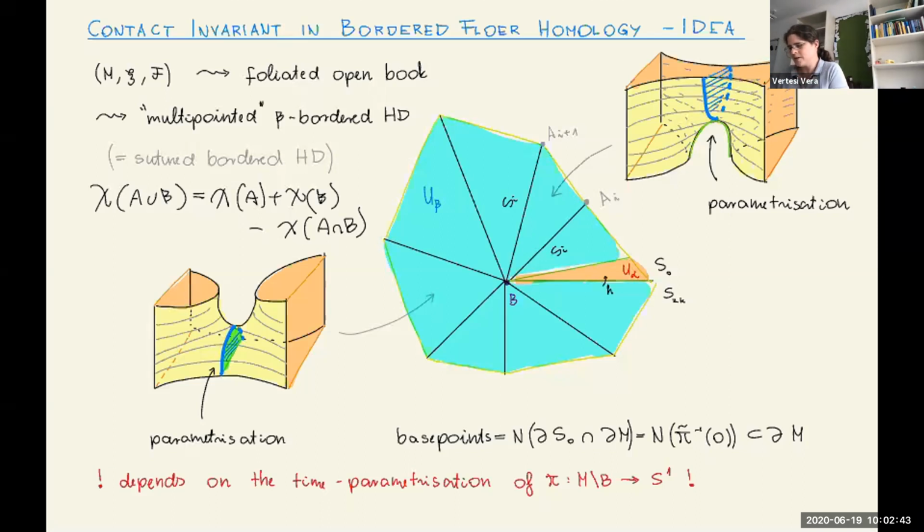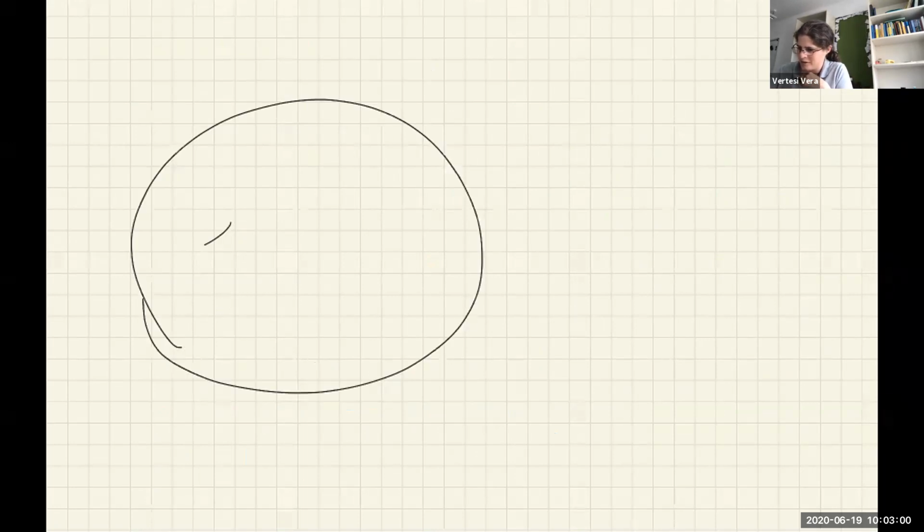So the idea is that you are taking your Stein filling, which you're thinking of as a Lefschetz fibration, and then on the boundary, someone gives you this surface.